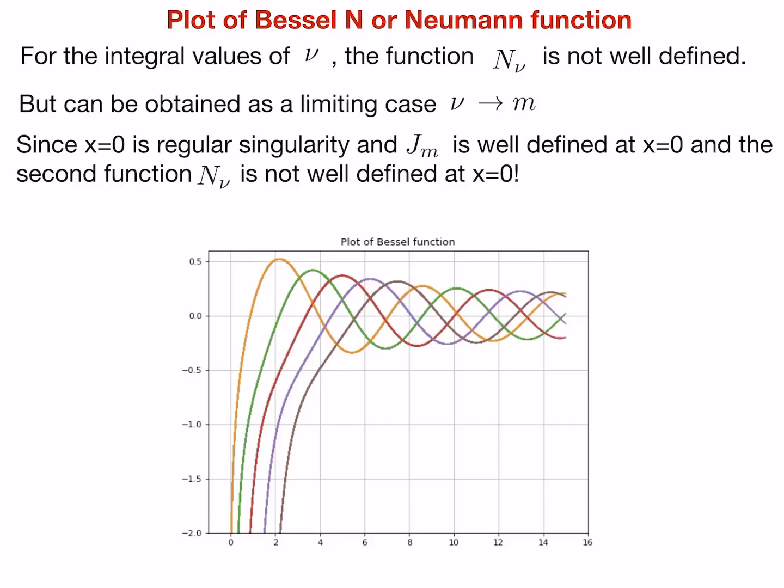If your domain contains 0, then you cannot use Neumann function, while you can use the Bessel J m. If your domain does not contain x equals 0, then you can use both Bessel and Neumann in your boundary value problems and then obtain the appropriate solutions.